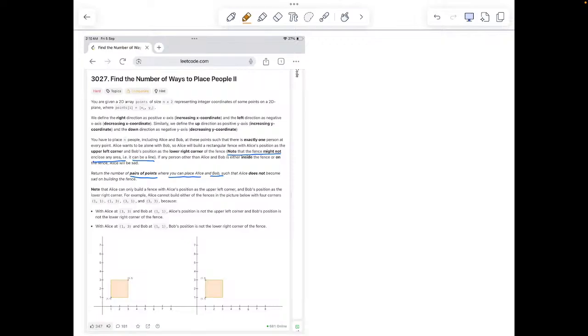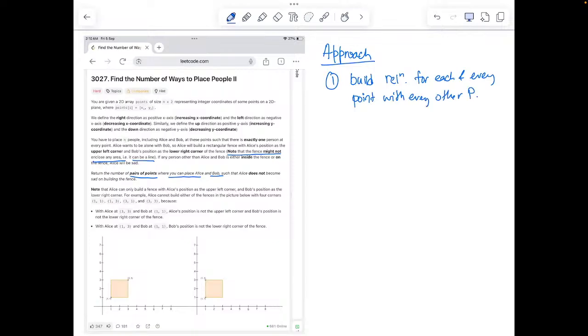First thing first, my approach, I should write it down. So my approach is this. I will build relationships for each and every point with every other point. What do I mean by this?